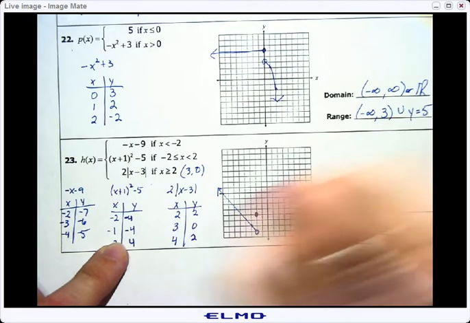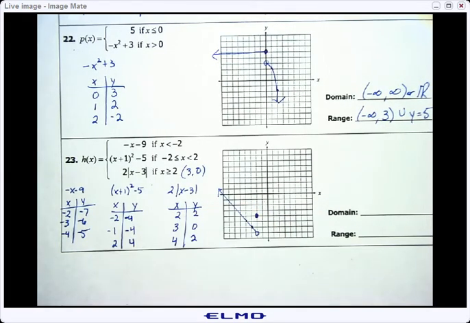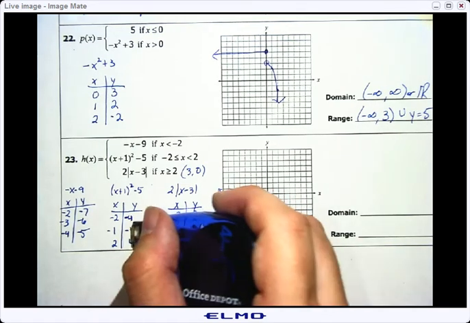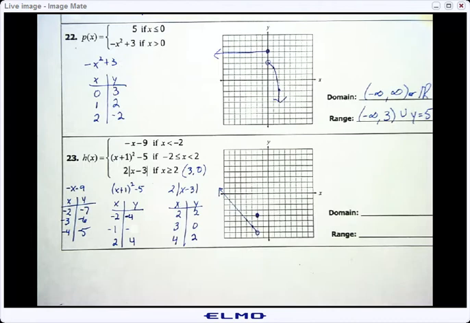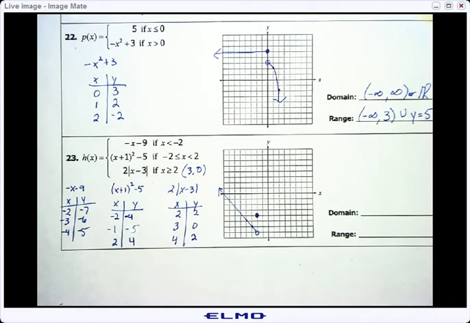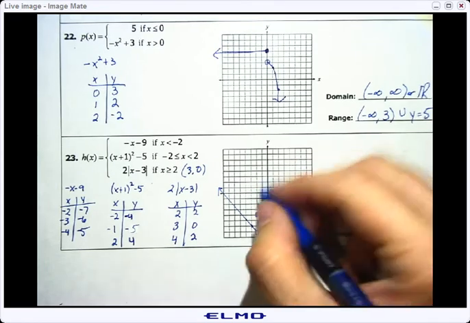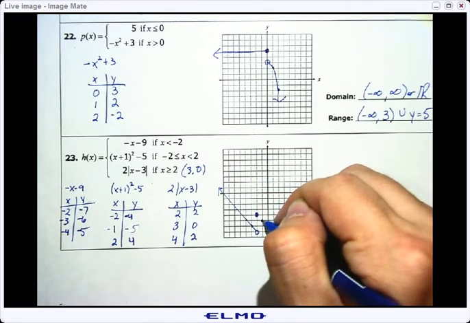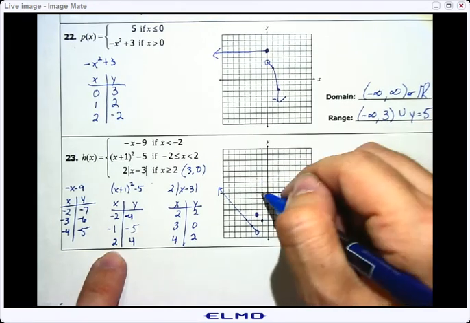That's not right either. That's -5. I'm messing that up. That should be -5, not -4. So we would have the point -1, -5. And then we're going to have the point 2, 4.